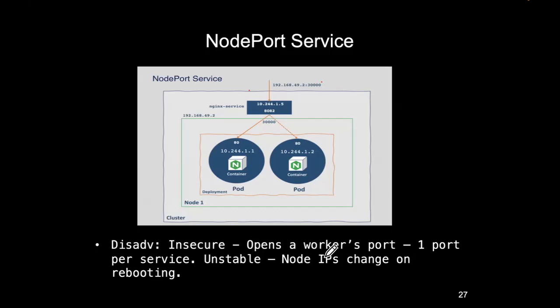And so that now means that your node port service is kind of out of date. It will update itself internally, but of course, anybody who's using the IP address to access the node port service has to be informed that the IP address of the node has now changed. So it's unstable in that sense.